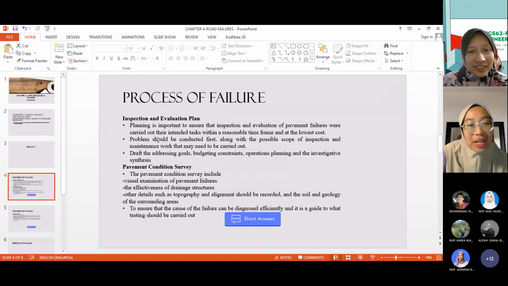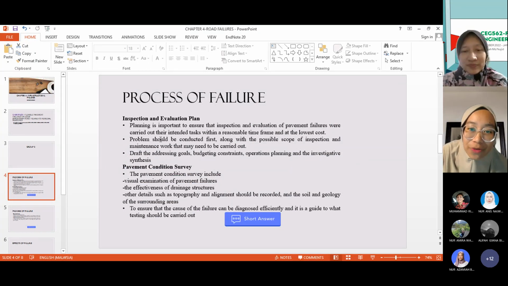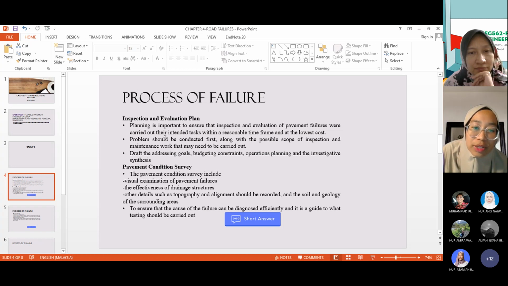Okay. Next, we move to process of failure. In process of failure, we must inspection and evaluation plan. Planning is important to ensure the inspection and evaluation of pavement failures were carried out their intended task within a reasonable time frame and at the lowest cost.